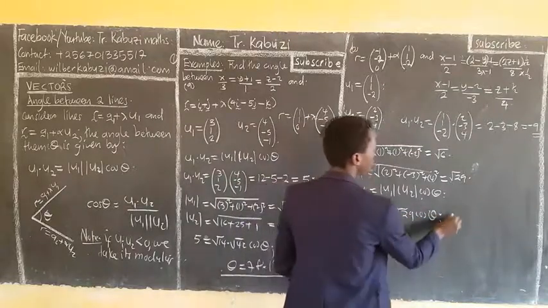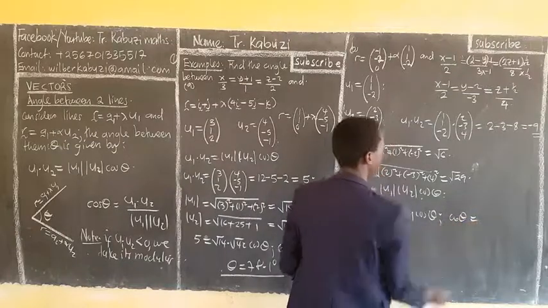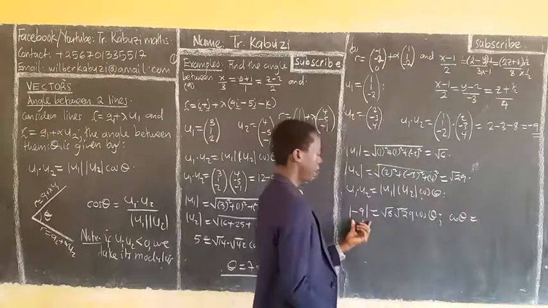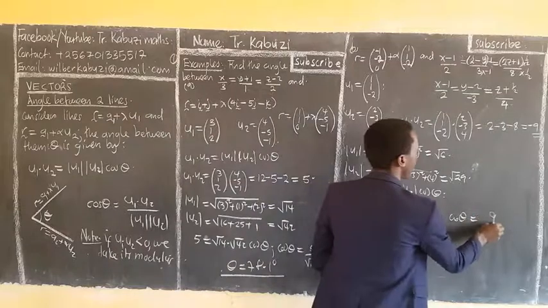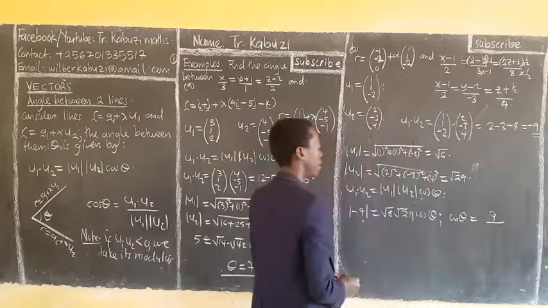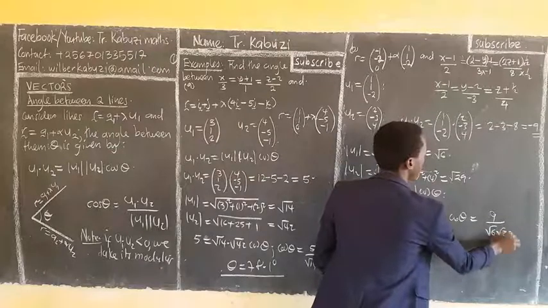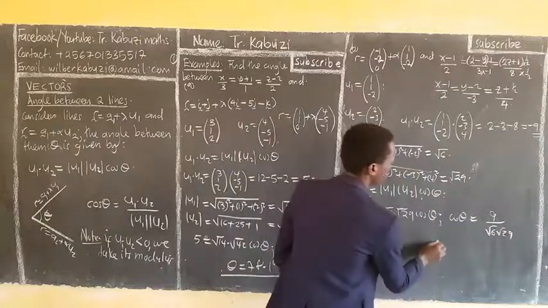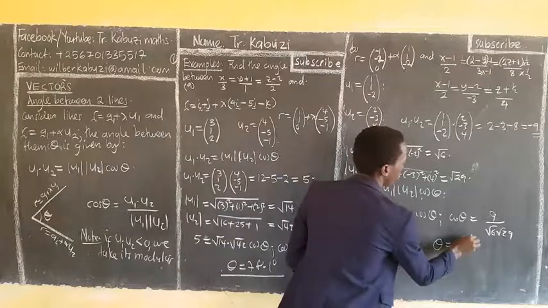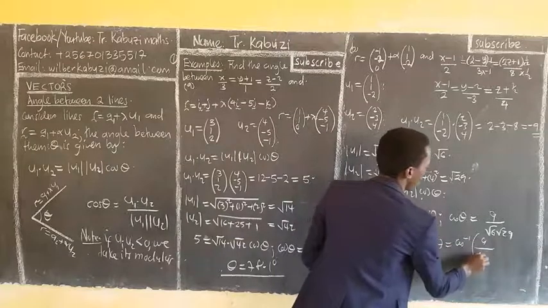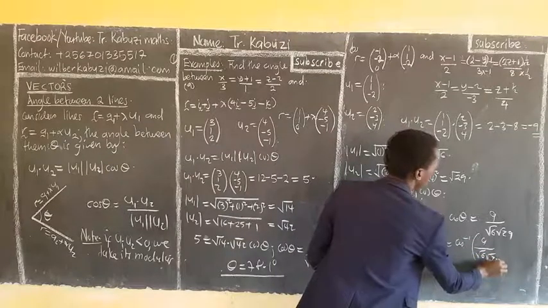Your cos theta will be 9 over root 6 root 29, and theta will be cos inverse of 9 over root 6 root 29.